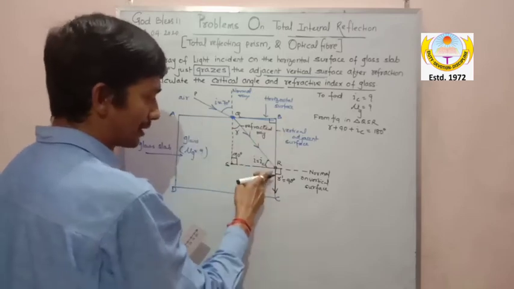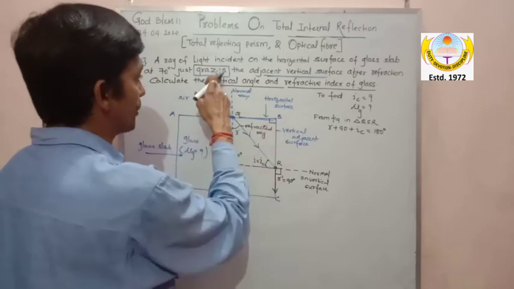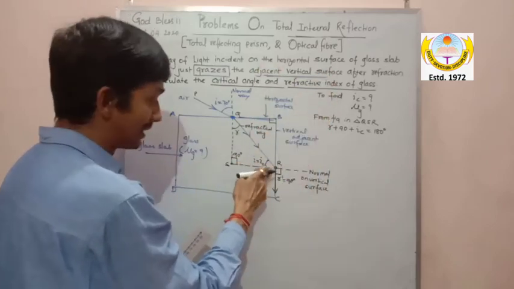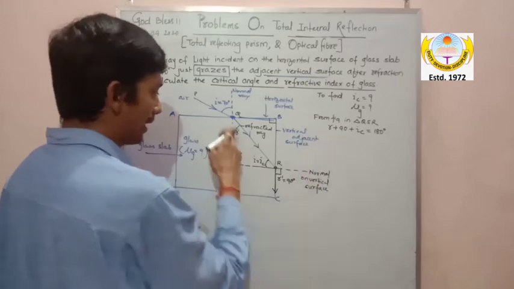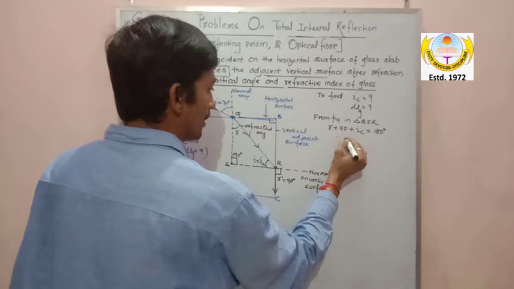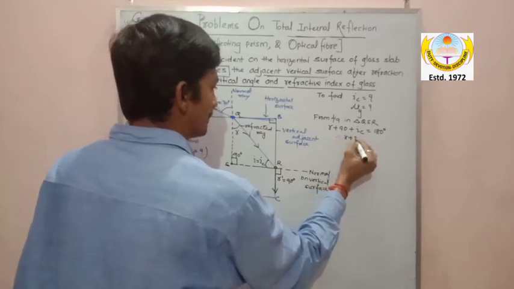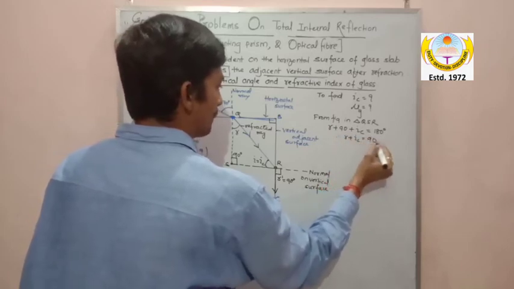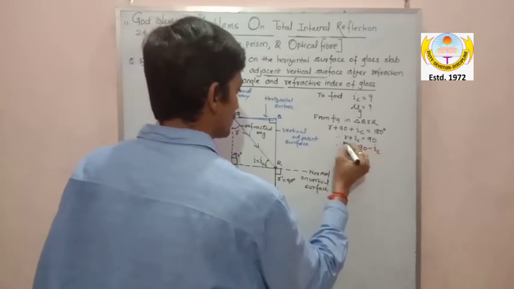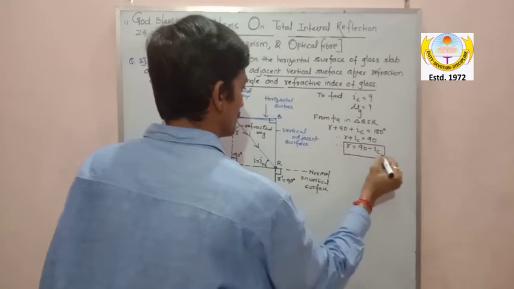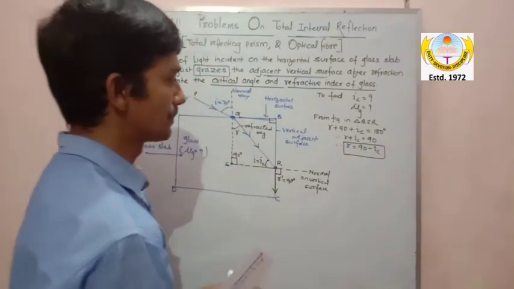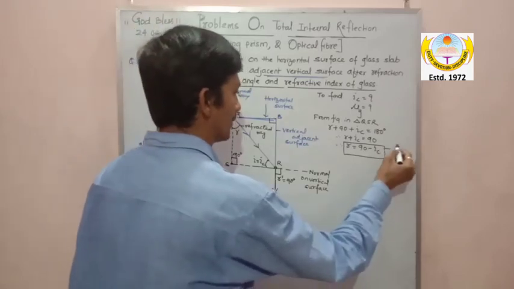For the vertical surface, to make an angle of refraction of 90 degrees to graze the ray along the vertical surface, the I should be IC at this surface. So in this triangle, R plus 90 plus IC is 180. Therefore, R plus IC is equal to 90, and therefore here R is equal to 90 minus IC. You put this as equation number 1.